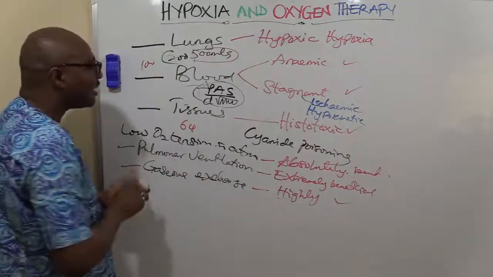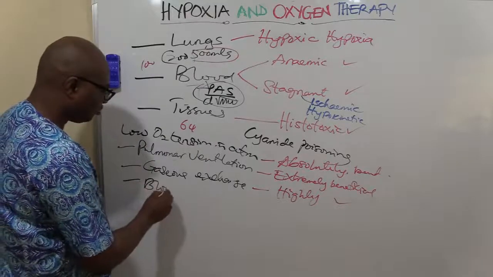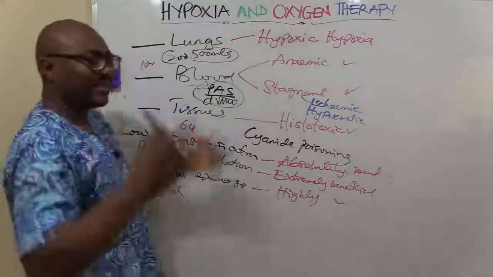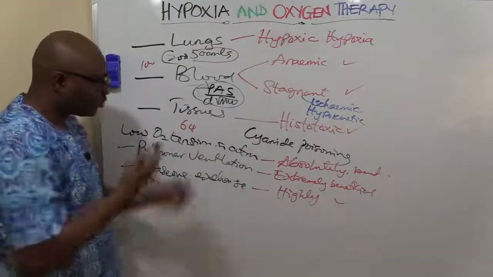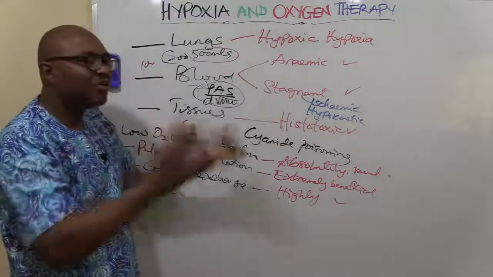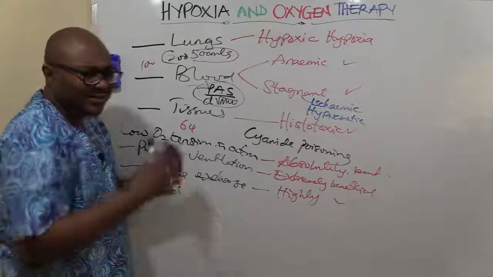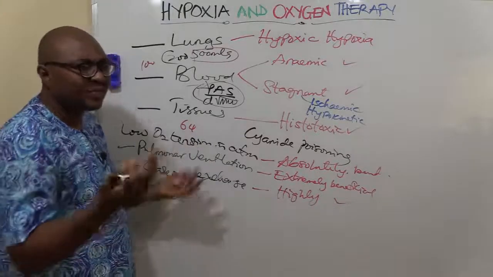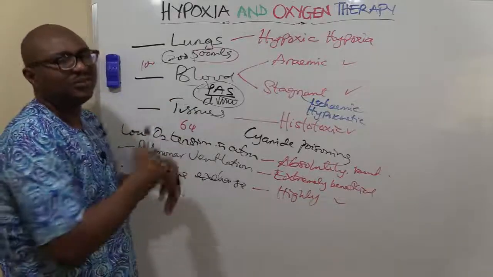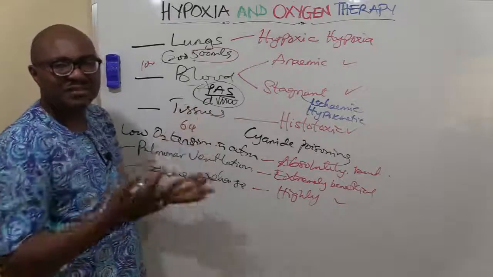Then in this one now, anemic hypoxia. The problem is from the blood. What do you think happens? Oxygen has entered enough, but you don't have enough hemoglobin. No matter how much oxygen you give, it will not increase the hemoglobin. There's very little hemoglobin. It can only just increase the saturation, but you know that normally the saturation is just 95 and so on.